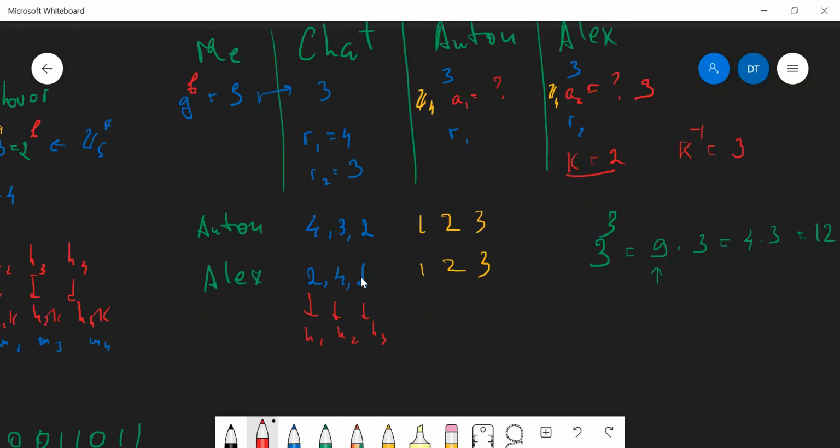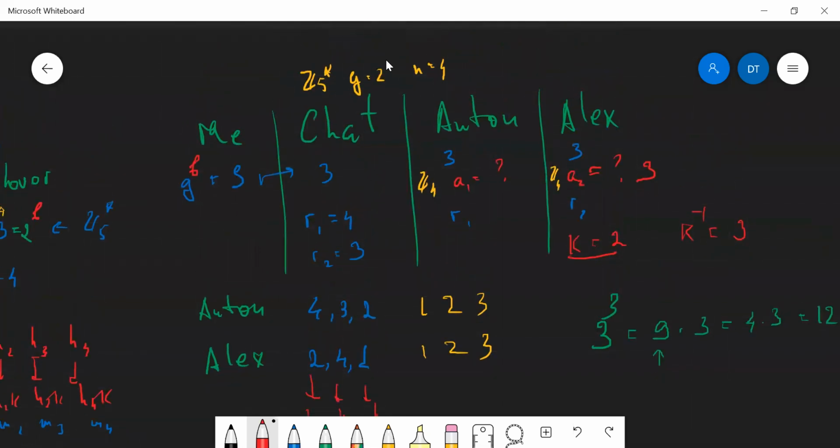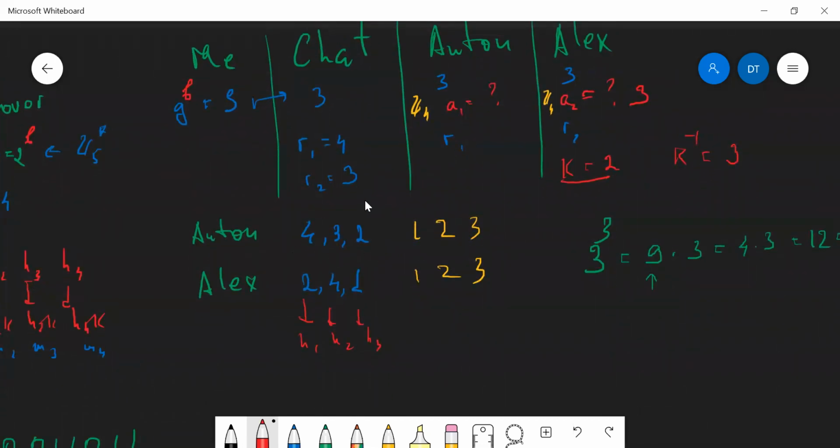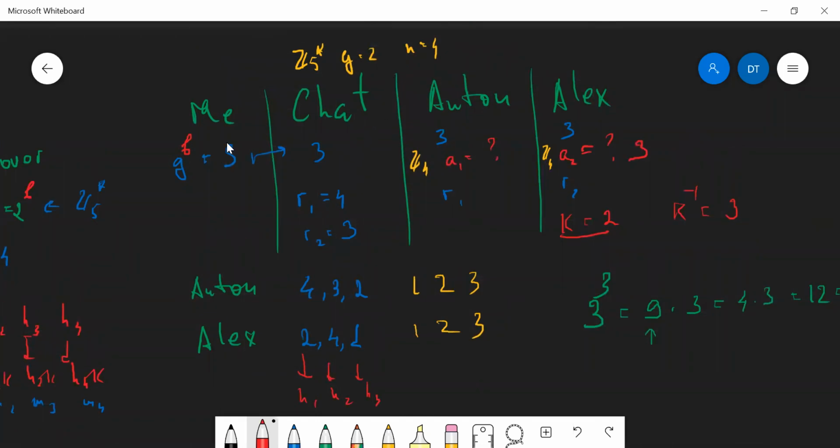can recover the original messages. The only way to recover this is to find A and B solving the discrete logarithm problem using these numbers and this generator. So in order to decipher this, you just use brute force. You just seek for the secret A and B, well, for A1 and B in case when we communicate with Anton, and for A2 and B in case when we communicate with Alex.